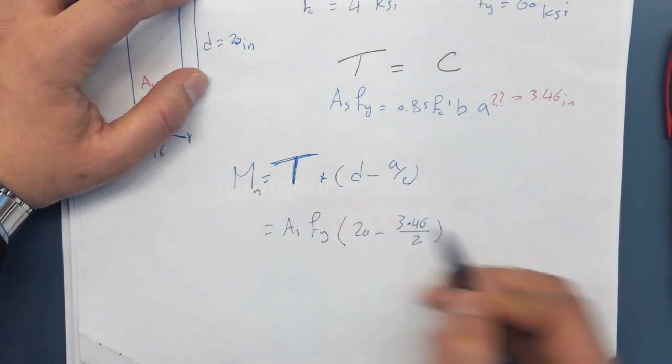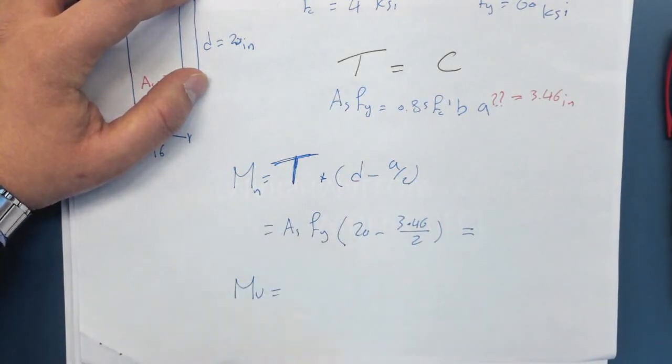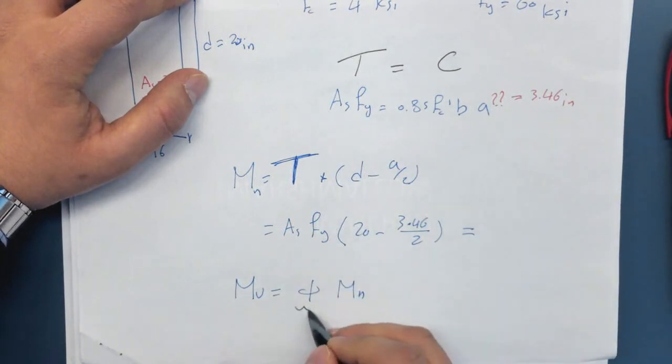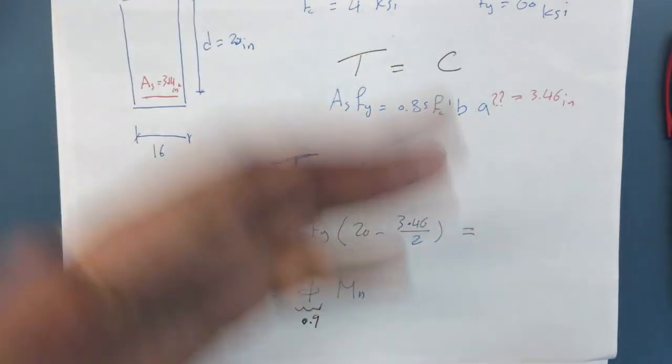So it's going to give you the nominal capacity, and then the ultimate capacity, which the problem is asking you, is phi multiplied by Mn. And again, without questioning, you always use phi equals 0.9, unless the problem specifically asks for a different value. So this is the simplest one. Actually, I should have started with this one, because this one doesn't have any tricks. It's simply applying the equation of bending.